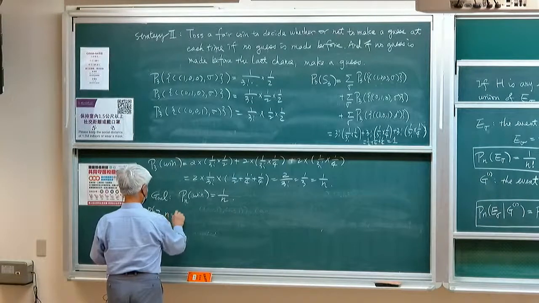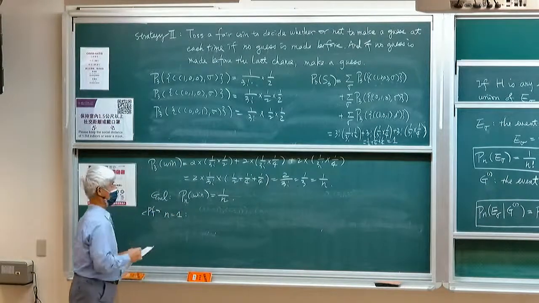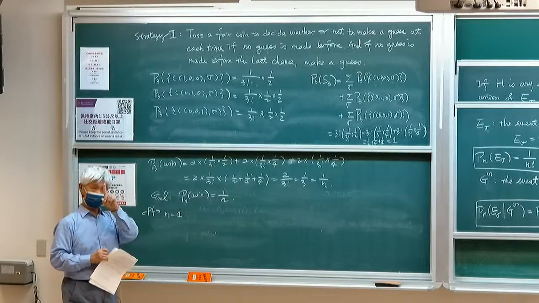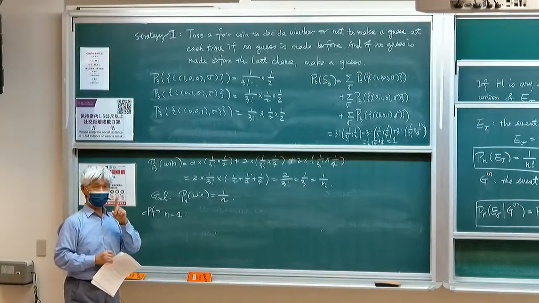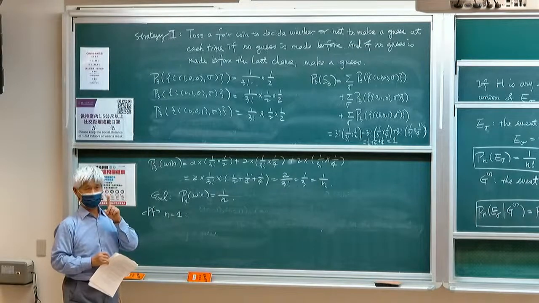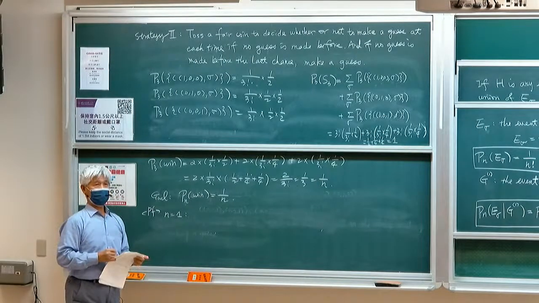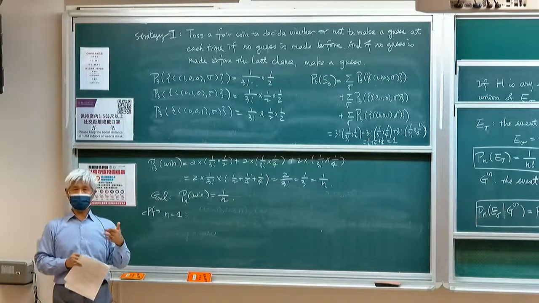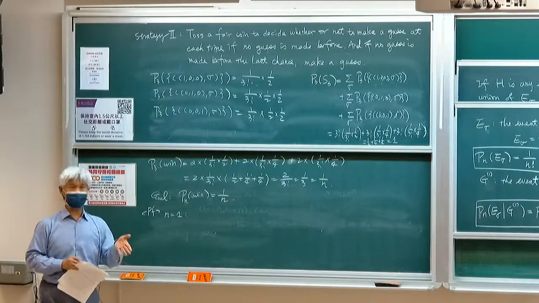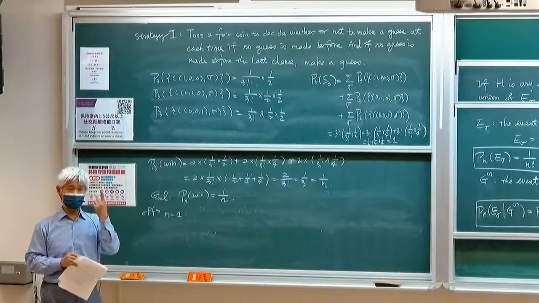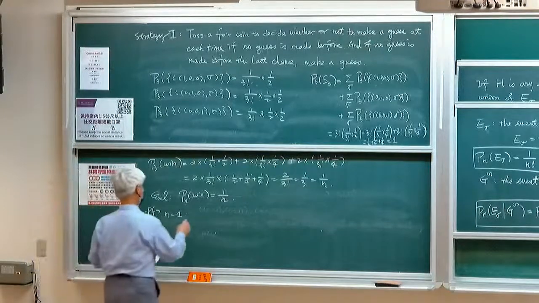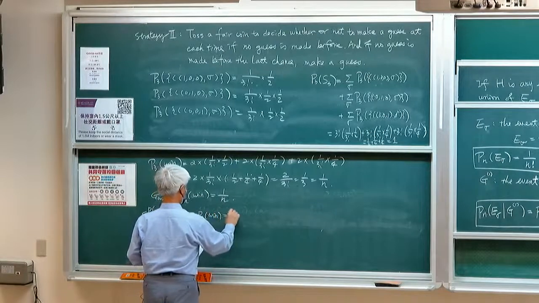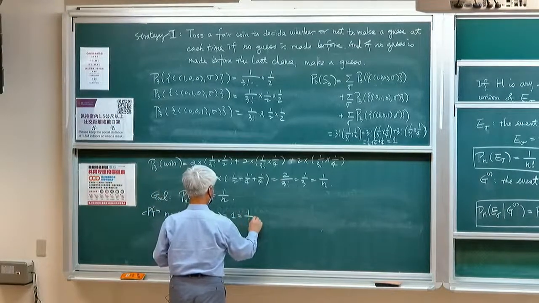For n equal to 1, there is only one card, and the card is indexed by 1. Any player will say the next card is 1 because there is only one possible card. Okay, so the probability of win is 1, and this is 1 over n.